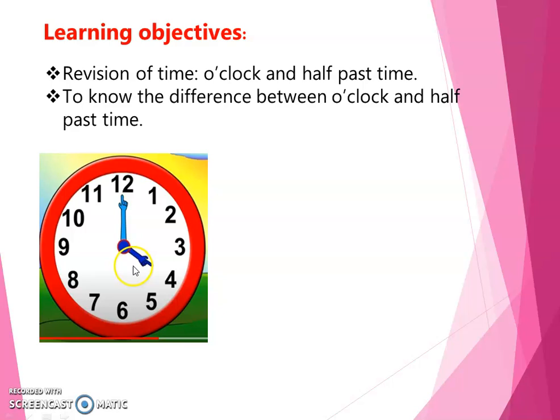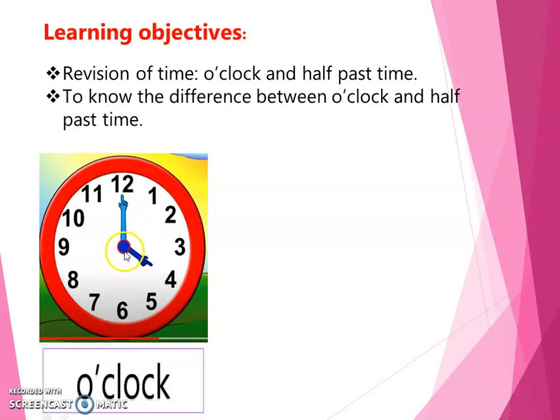If the small hand is at 4, and the long hand is at 12, what time is it? Let us see. So the time is 4 o'clock. Why is it o'clock?